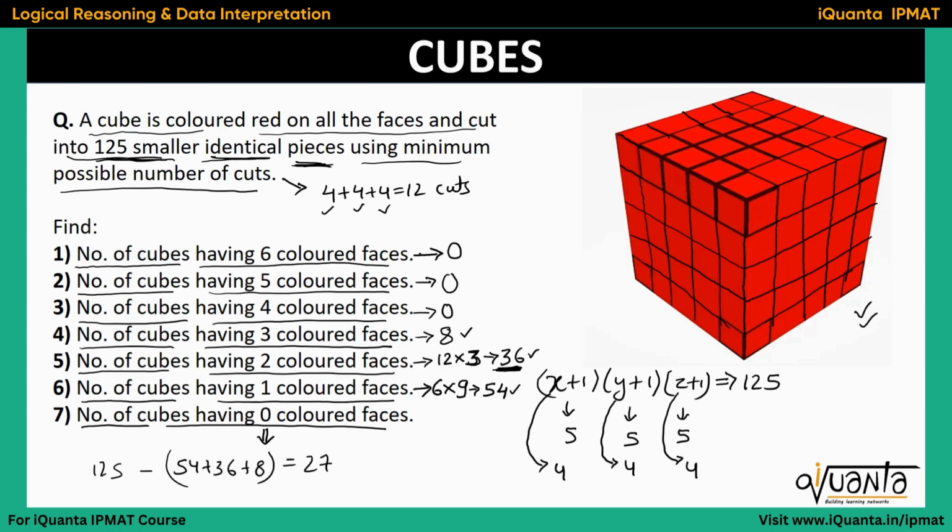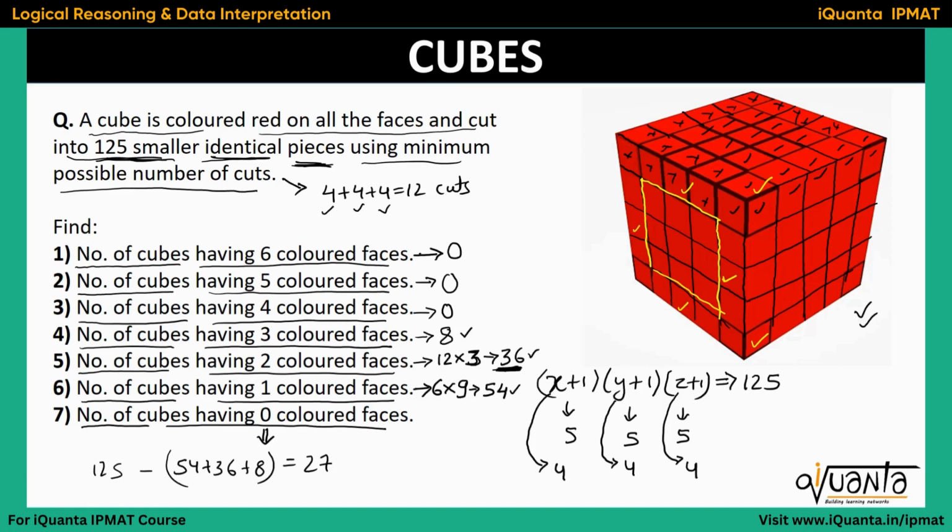Or if we remove all the cubes at corners, at the edges and at the faces, then that means we have removed the first layer of colored cubes. So if we remove such a layer from the top, from the bottom, from left, right and front, rear, then we will be left with only a 3 by 3 cube, because the left layer, right layer, top layer, bottom layer, front and rear are removed.